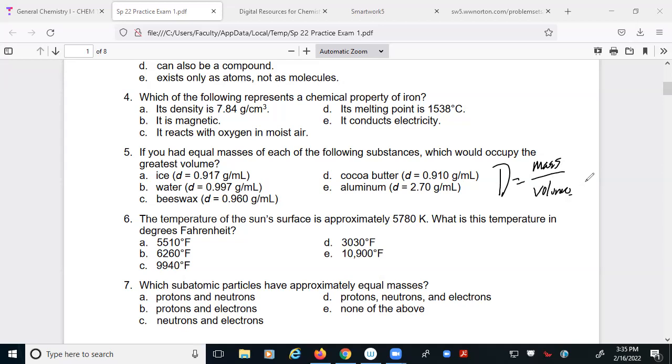If I'm holding the mass constant, the thing that is affecting the density, whether it's a high density or a low density, is only the volume. Density and volume have an inverse relationship. The higher the density is, the less volume it's going to take up per unit mass. So with that in mind, which one of these is the correct answer?